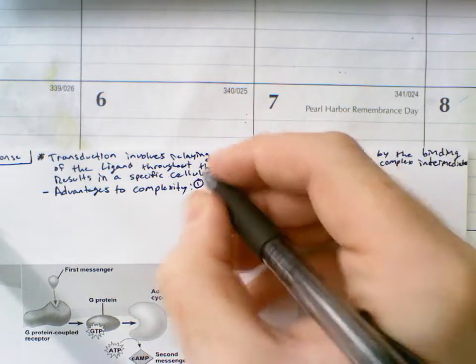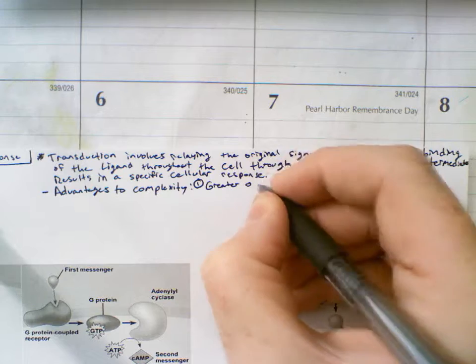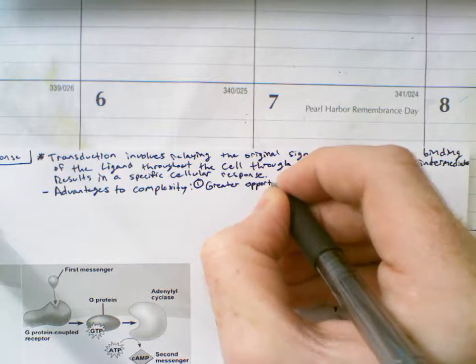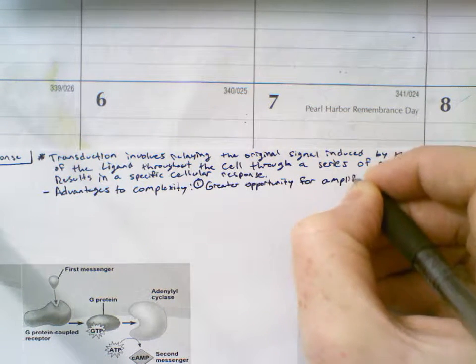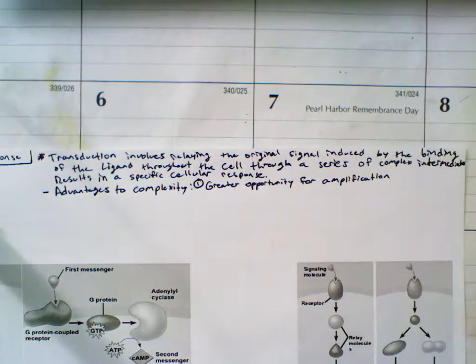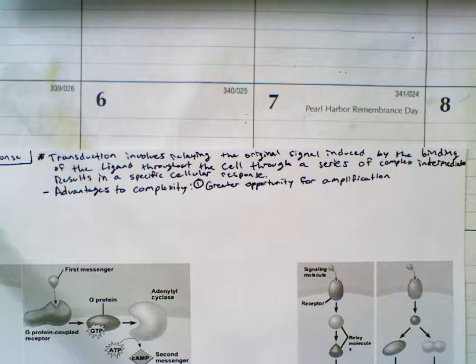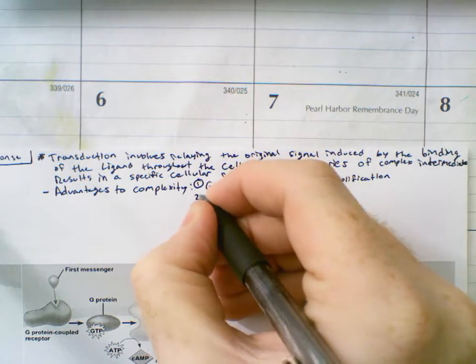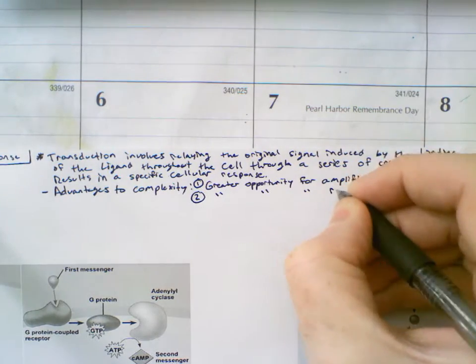One, you have a greater opportunity for amplification, meaning that you have a chance every step along the way to activate more and more signaling molecules that cause the signal to spread out further throughout the cell, and you will be able to generate a greater response with a small initial stimulus.